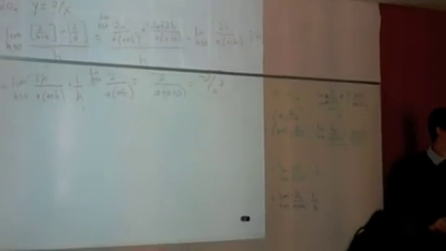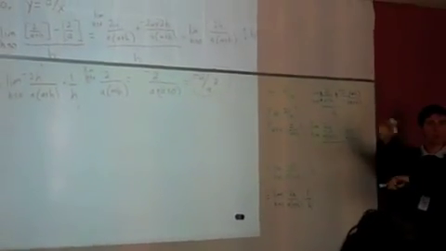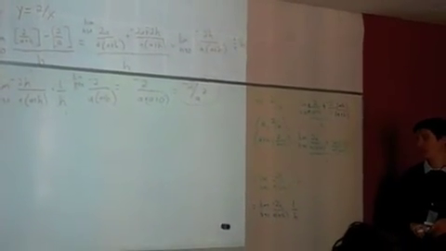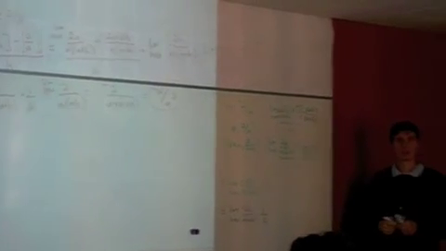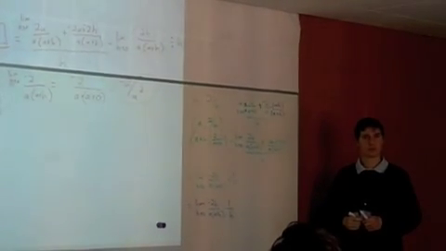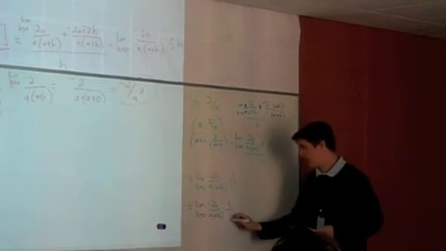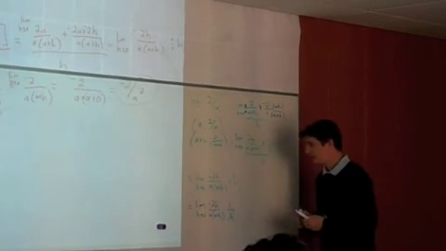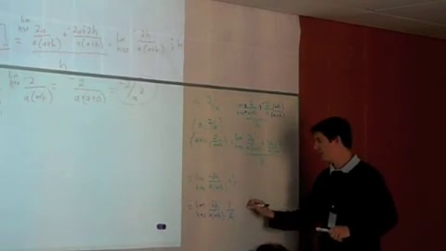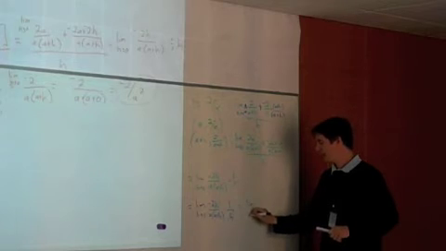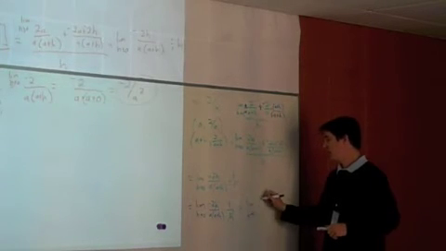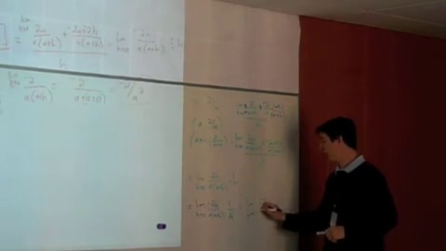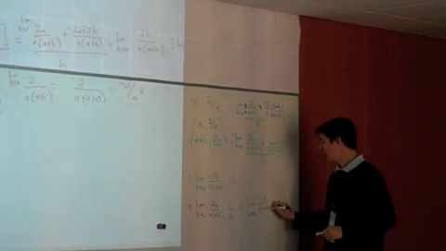Two fractions multiplied together, you multiply them across. When you do that, what's going to happen? The h's are going to cancel out, leaving you with the limit as h approaches 0 of negative 2 over a times a plus h.